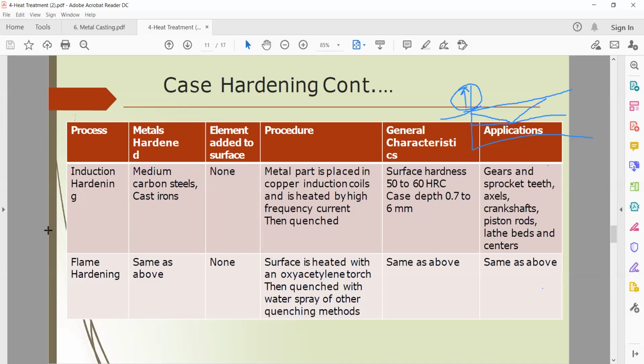Those things you don't need, but for the common thing you need to know what mediums you can use. For other heat treatment processes you can have an air medium, but in this case you cannot use an air medium for your hardening process. Those things you need to know.